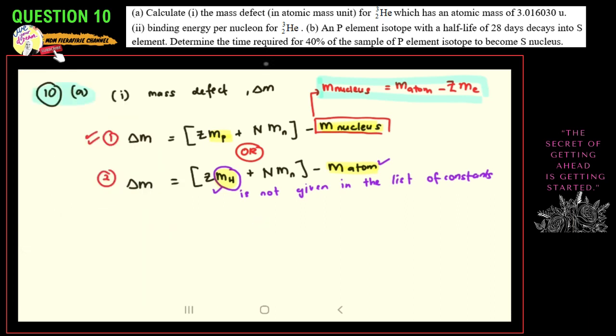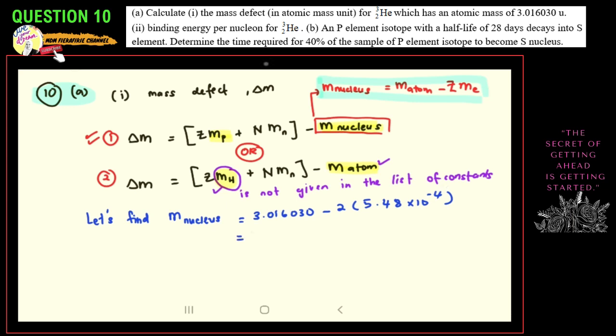So now let's find first the mass of the nucleus, which is equal to the mass of atom. Soalan dah beri 3.016030, minus 2, and the mass of electron must be in unit U, and it is equal to 5.48 exponent negative 4 U. Okay, yang ni dia bagi kat depan lah, so you boleh pakai.